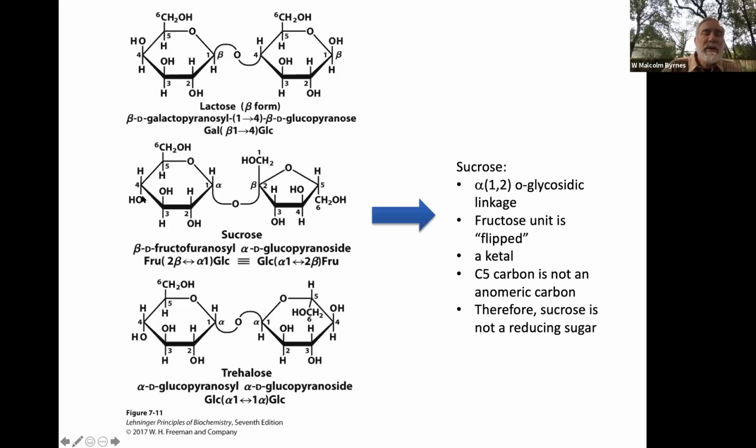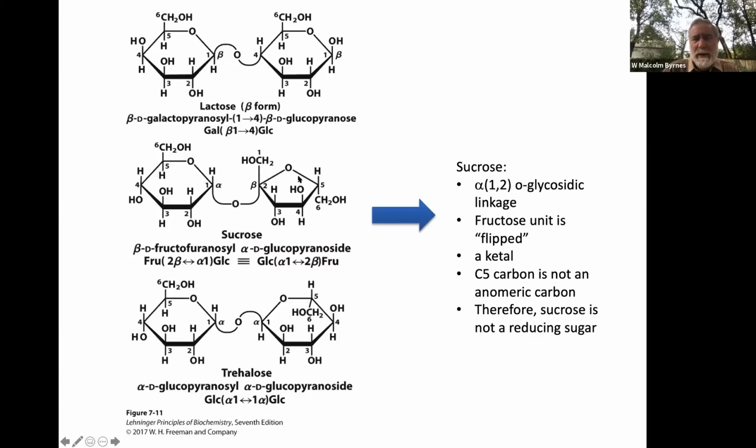You can see here you have a glucose, and then over here a fructose. And notice that it's carbon 2, what used to be the anomeric carbon, that is now tied up in forming this O-glycosidic linkage, right? So it's an alpha 1,2 linkage.